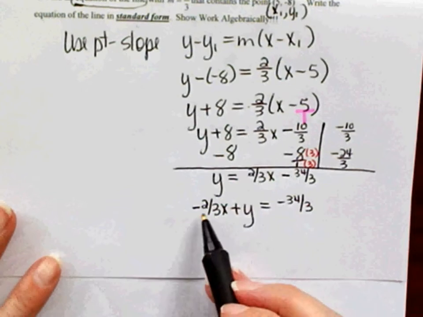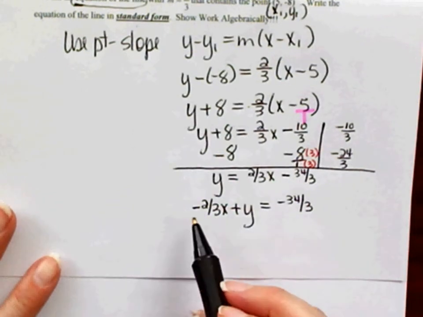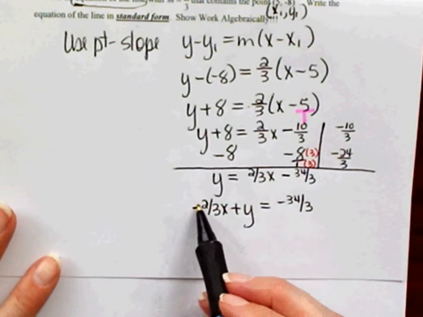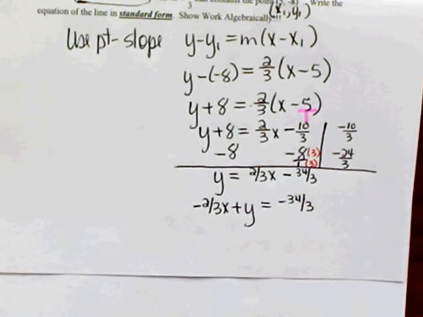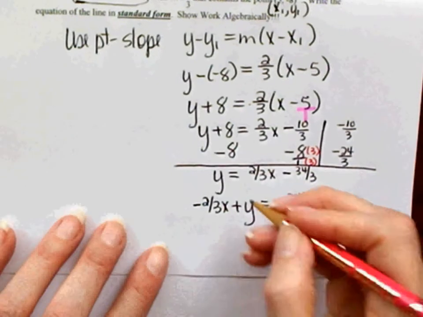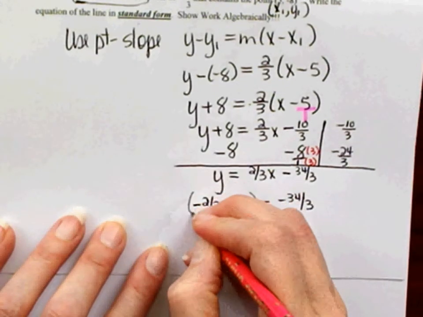So I need to multiply through to get rid of the fractions, and I also want this to be positive. So let's multiply through by, I'm trying to find another colored pen. Let me use a pencil. So let's multiply through by a negative 3.